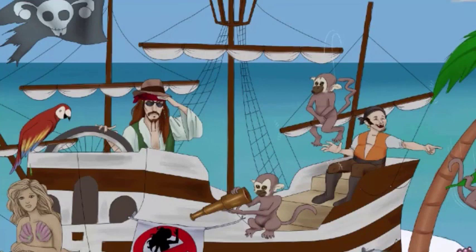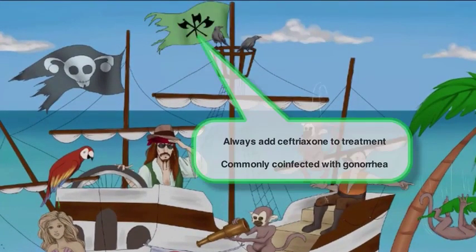This is why the empiric treatment for either of these two infections is to actually treat for both of them. So we'll also give them a single dose of ceftriaxone to cover gonorrhea as well. And we symbolize ceftriaxone in numerous videos with our 3 axes, or tri-ax. So we'll fly another flag with our tri-ax symbol for ceftriaxone.